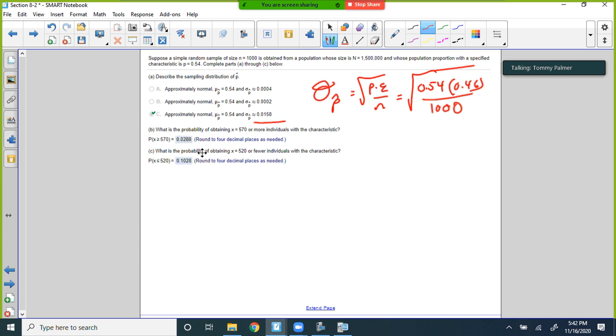Well, 570 is not a proportion, is it? 570 is what type of value? It's an X, right? So we can find p hat as being X over N. So p hat for this would be 570 over 1,000, which is going to be what?